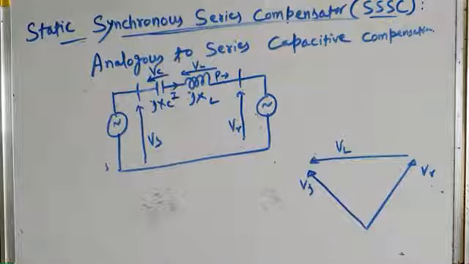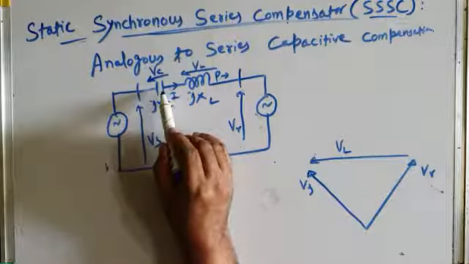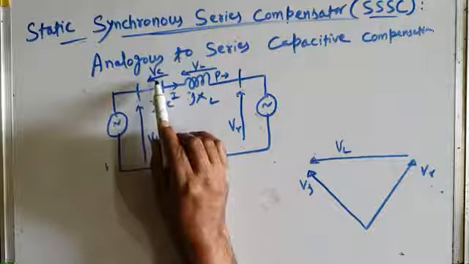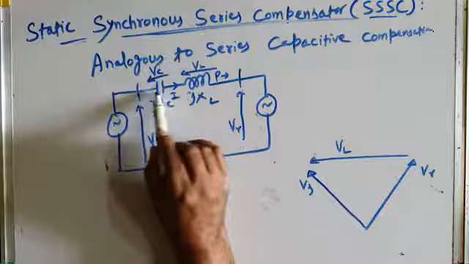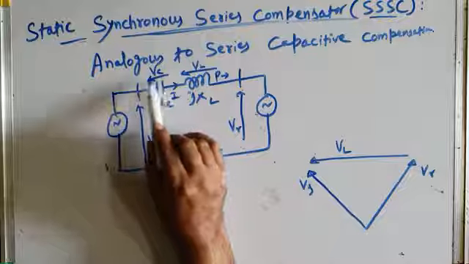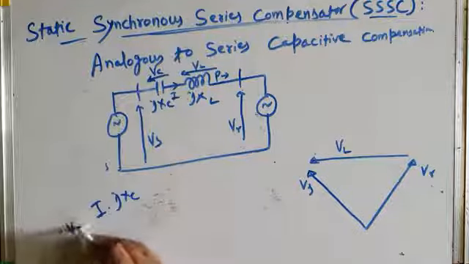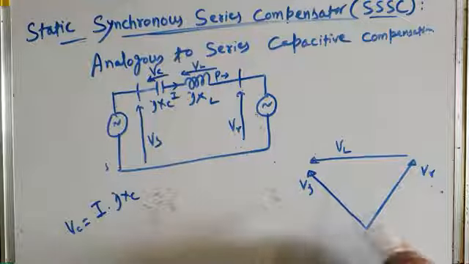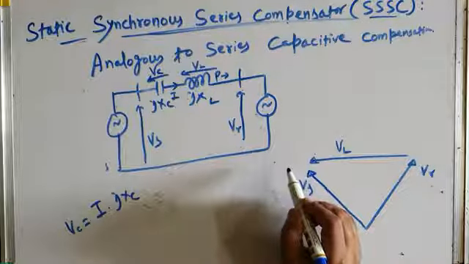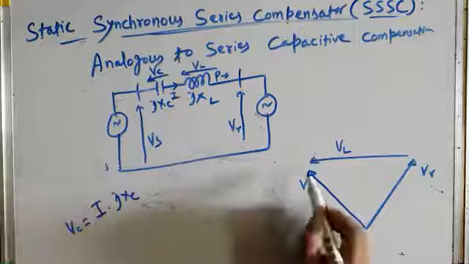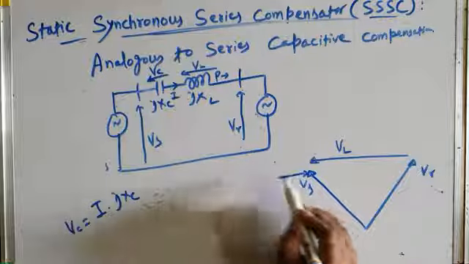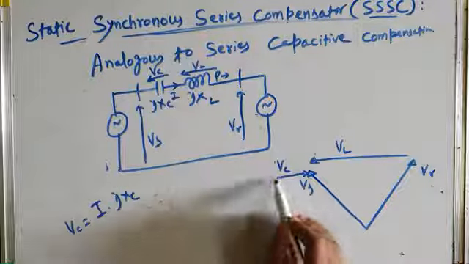But when you do the series capacitive compensation, the current flows through the capacitor, and the voltage across the capacitor is I into jXC, which is equal to VC, and it is opposite to this. So the capacitor produces a voltage VC like this.